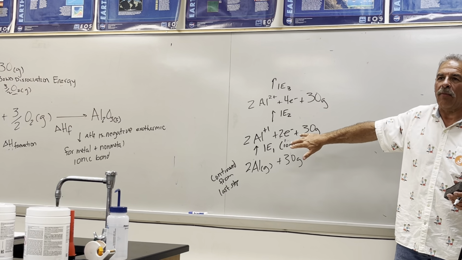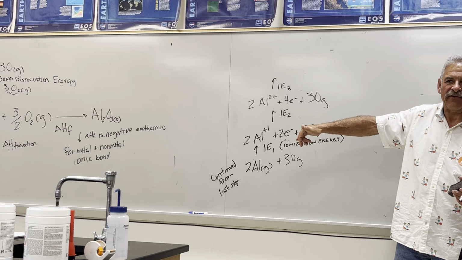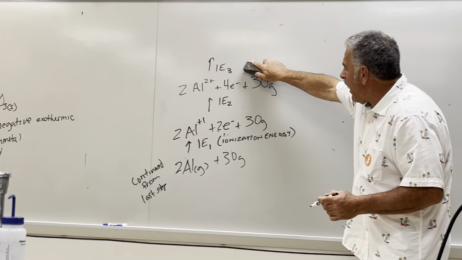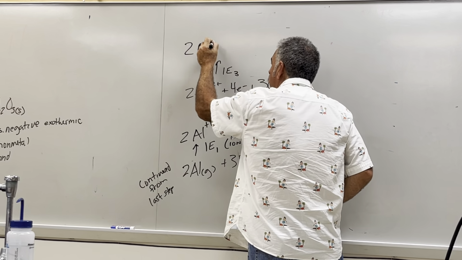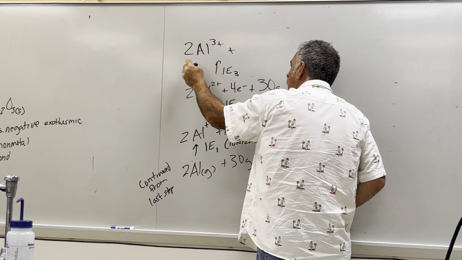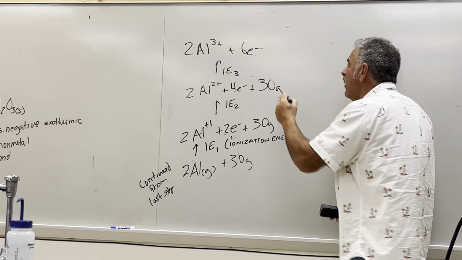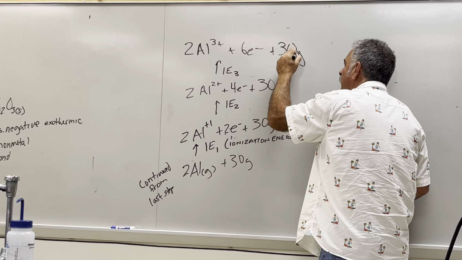We're going to solve this problem for delta HF, I believe, or lattice energy. Might go either way. So now we add IE, and we get 2Al3+ plus 6 electrons, right? Because we just added 2 more, plus the 3O gas.